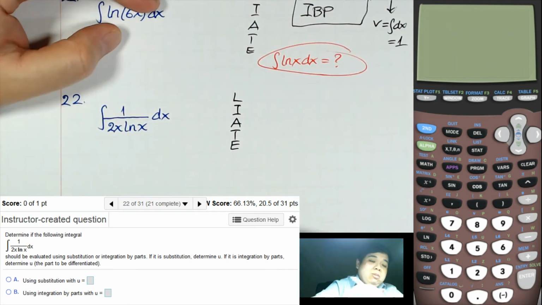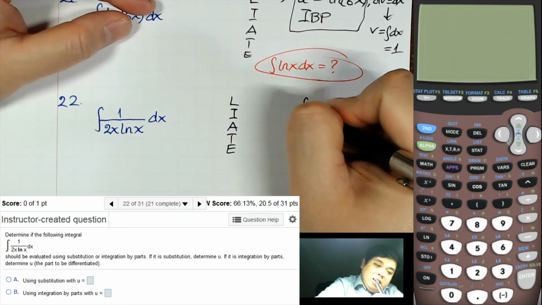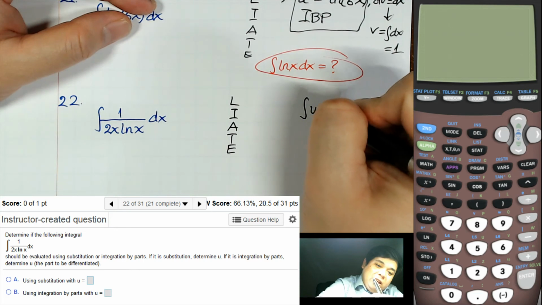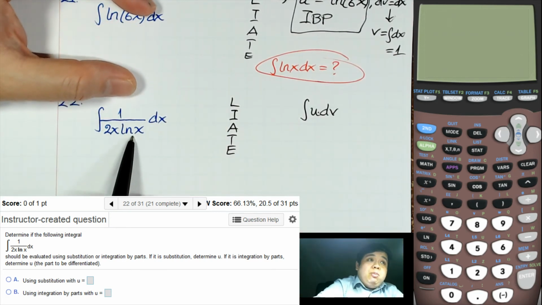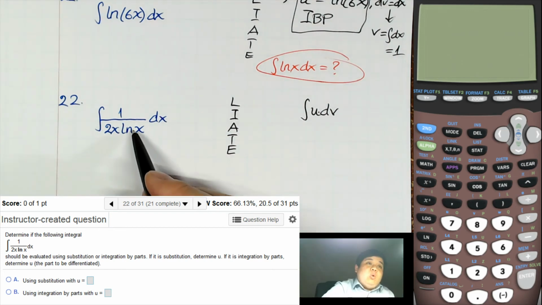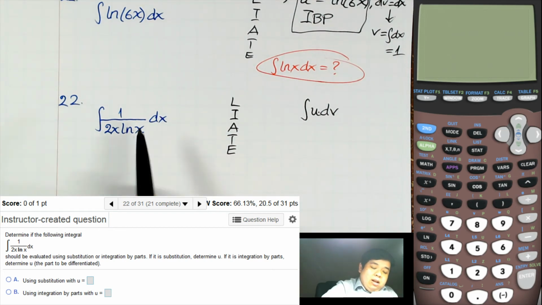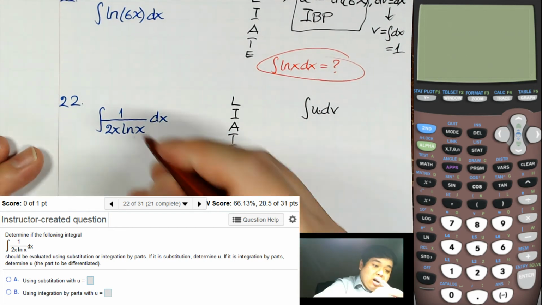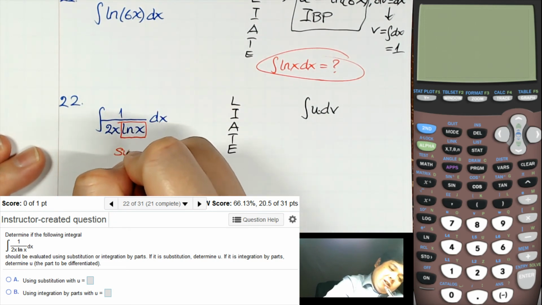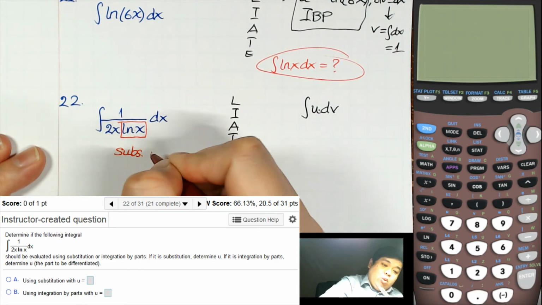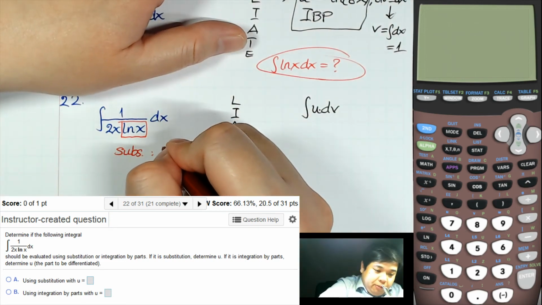But remember, in integration by parts, this is u and dv, and they are multiplying. The ln is supposed to be multiplied, but this one is divided by it. So this one is automatically substitution, because we have the ln at the bottom.